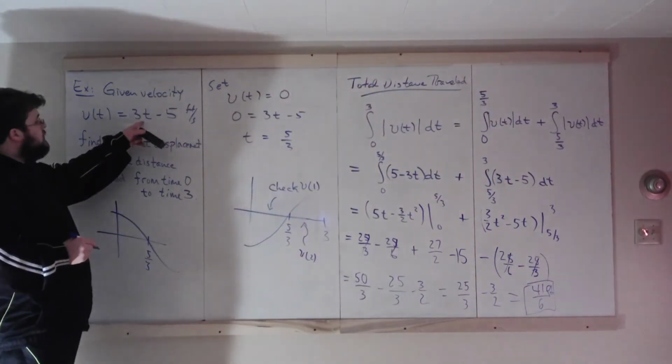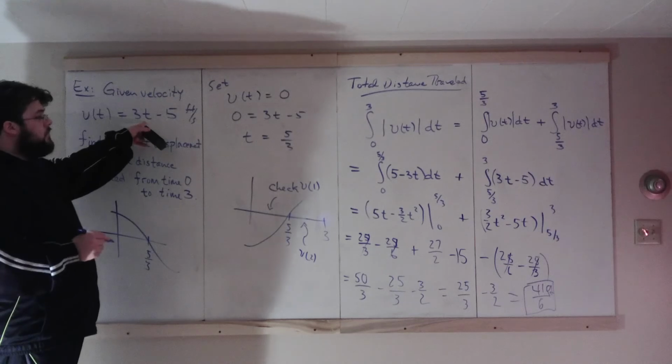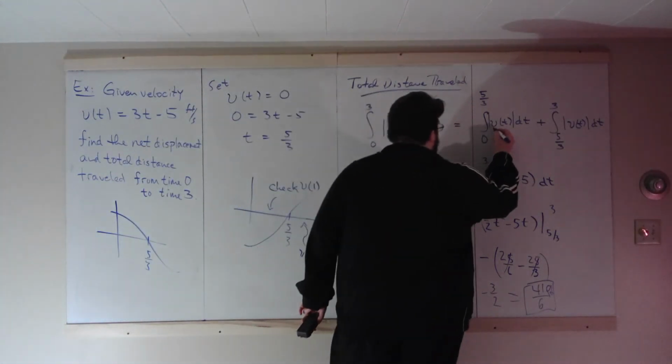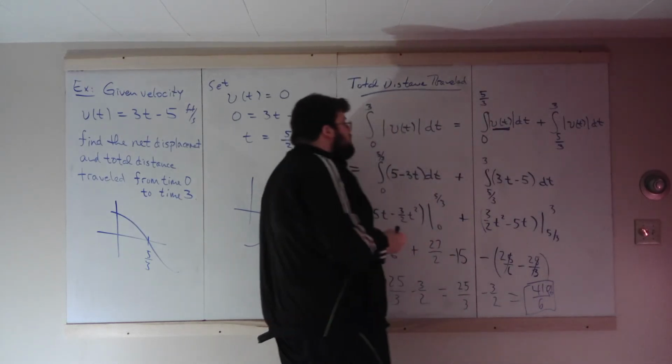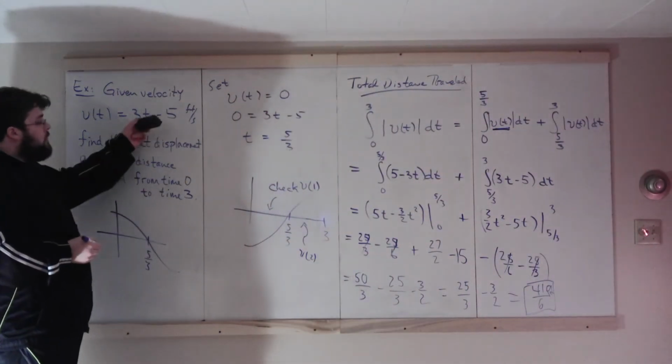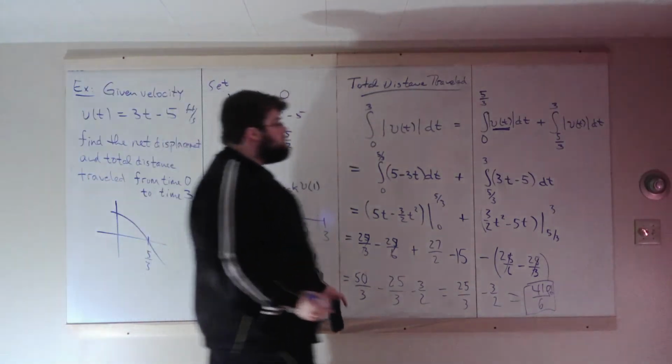Velocity at 1 is negative 2. So that tells you that the velocity function is negative on 0 to 5/3. Velocity at 2 is positive 1, so that tells you velocity is positive.